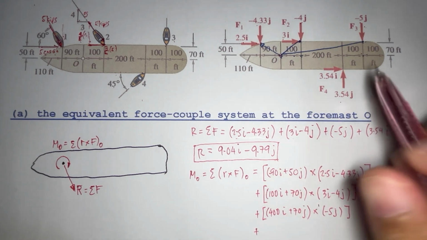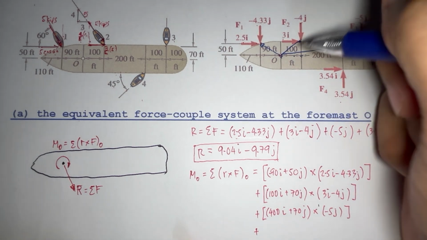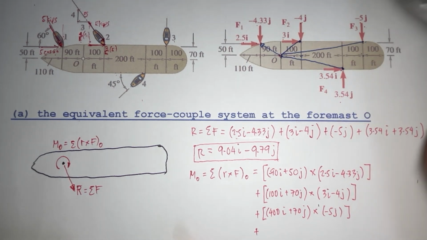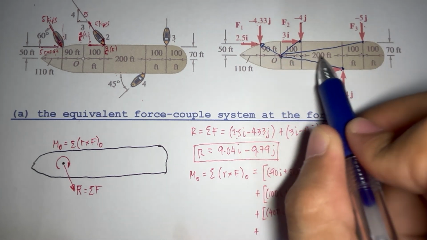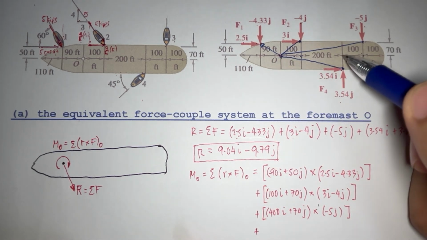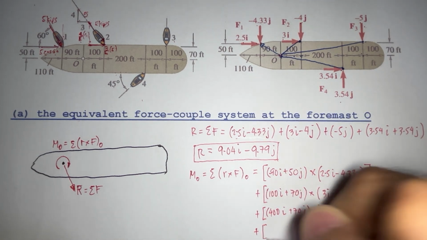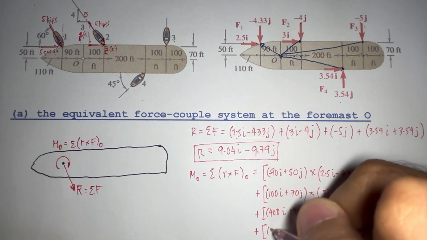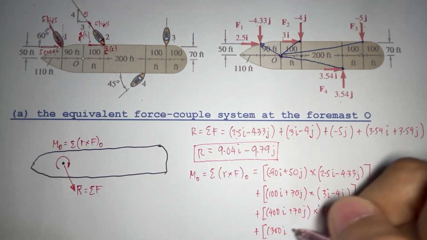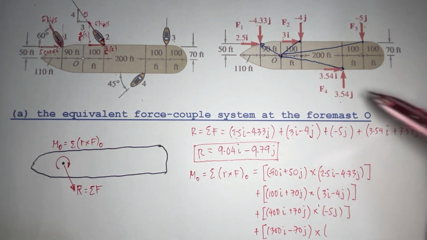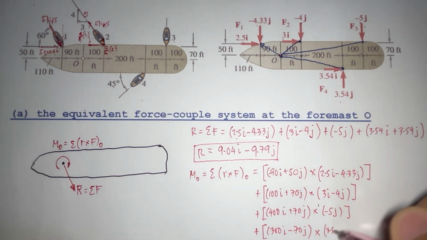And then lastly, for our force F4, its moment arm is from point O going to that direction. So to get from O to this direction, we need to go 300 units along X, and going downward along the Y axis, 70 units. So we have 300I minus 70J cross our force F, which is 3.54I plus 3.54J.